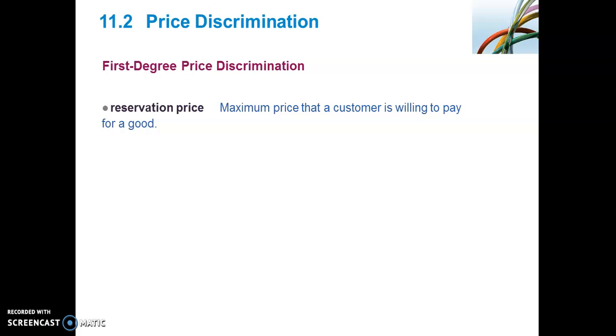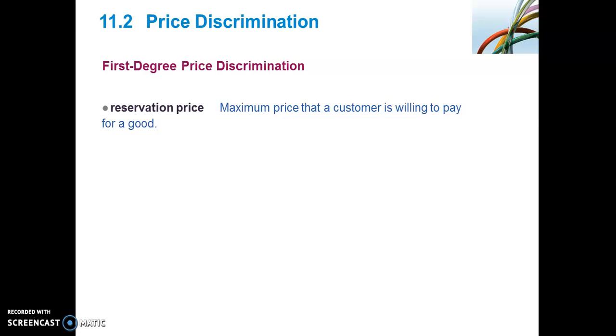So, as I just said, price discrimination is the practice of charging different prices to different consumers. And there are three types of price discrimination, and we'll learn about them now. There's first degree, second degree, and third degree price discrimination. We will first look at first degree price discrimination. Now, everyone has a reservation price.